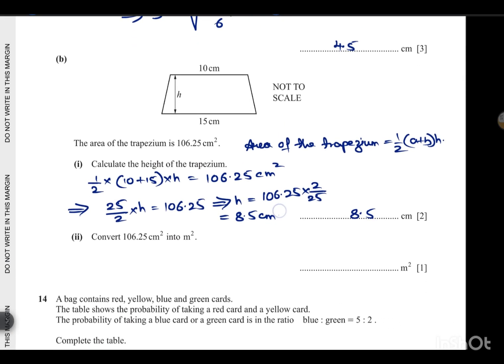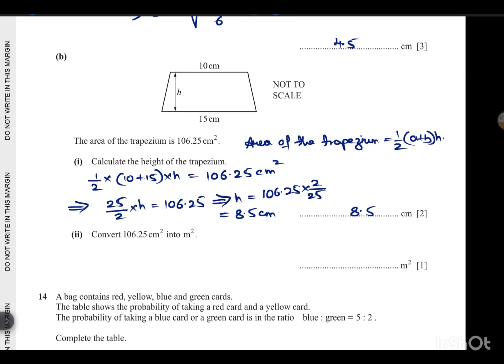Question number 2. Convert 106.25 centimeter square into meter square. So 1 meter square will be 100 into 100 centimeter square, since 1 meter is 100 centimeters.